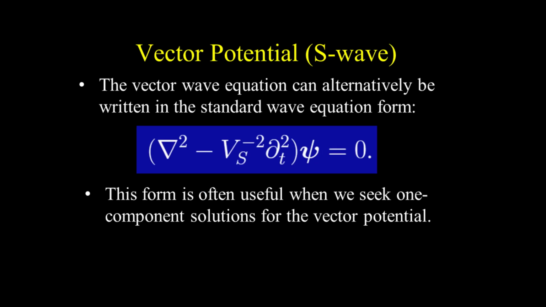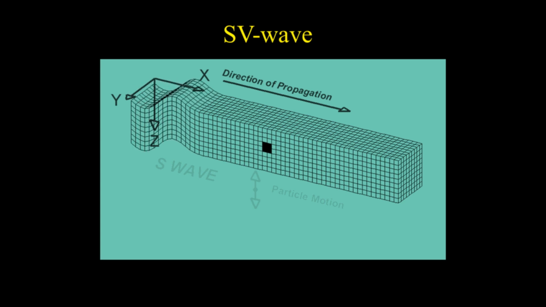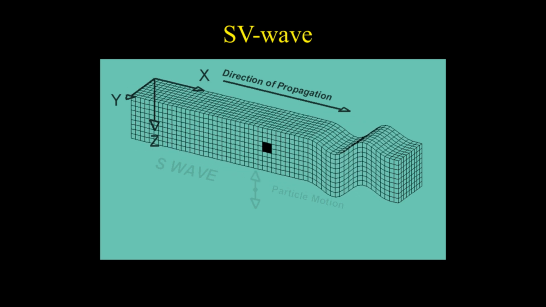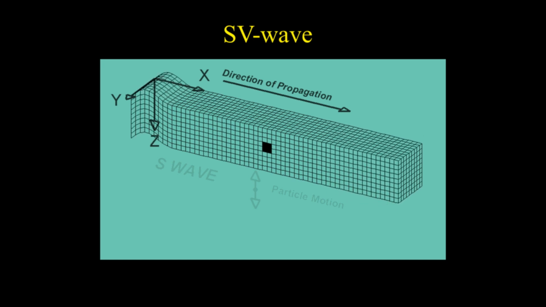The vector wave equation can alternatively be written in the standard wave equation form. This form is often useful when we seek one-component solutions for the vector potential. For S-wave propagation, the displacement can have any direction in the plane normal to the direction of wave propagation.